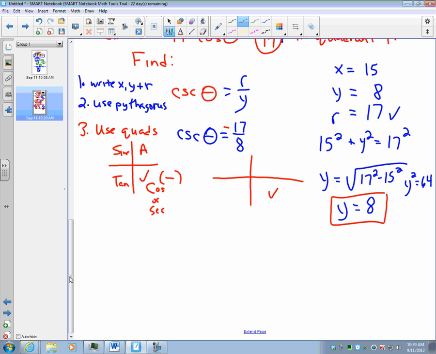It has to be negative because it's below, right? I'm down here somewhere. The y value would have to be negative. So some people do it that way. They look at the quadrant and use it to determine whether that y value would be negative or positive. That makes sense? The x value would be positive because I'm to the right. Makes sense? So you can use it that way, or you can just look at the chart.